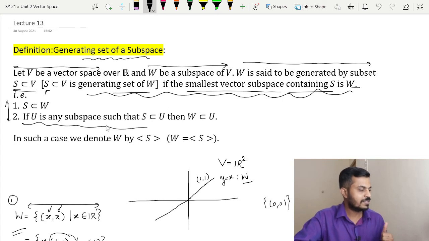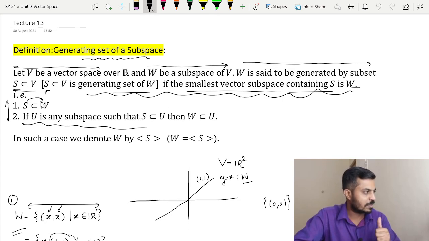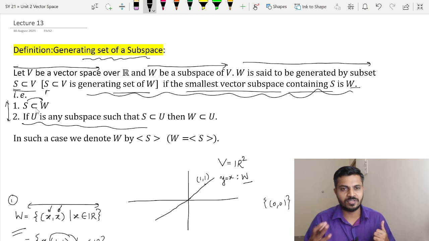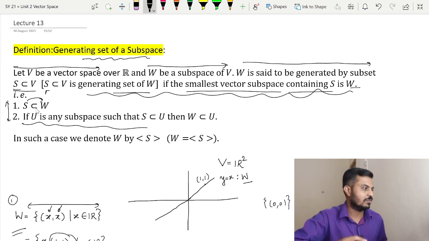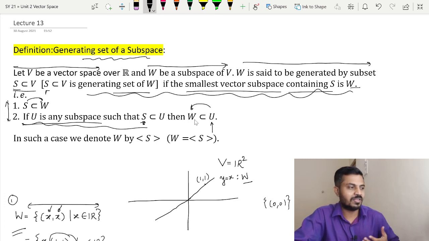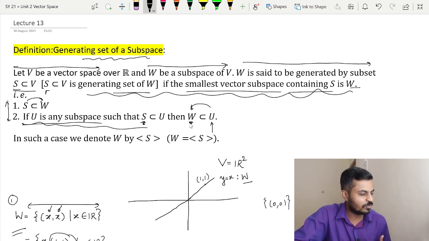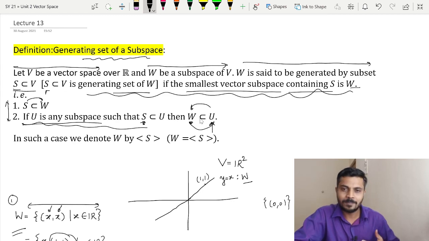The first thing is S should be a subset of W. If S is not a subset of W, then naturally it will not be a generating set of W. And the second thing is, if you take any other subspace U containing S, then that subspace U should be bigger than W, or you can say the subspace W should be smaller than that subspace U.